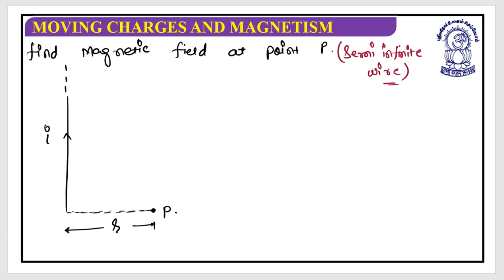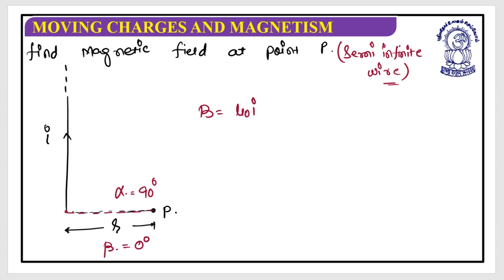So what I understood is that this is alpha, this is beta. As this has been extended over infinite, this should be 90 degree. Now what I need to do is make a line that covers the end point of the wire, but here it is the end only. So if I make a line over here, this will make 0 degree. So now I have an alpha and a beta. Let's find the value using Biot-Savart law.